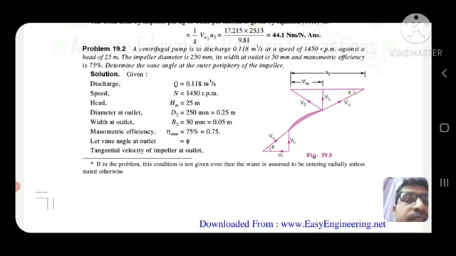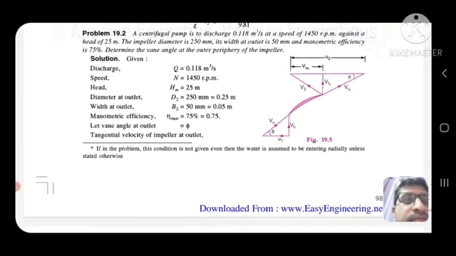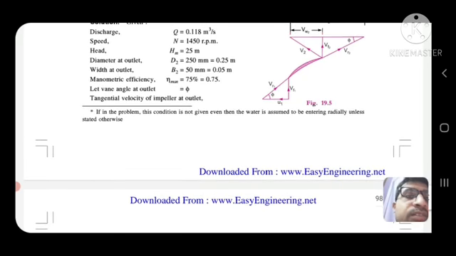Diameter at outlet D2 is equal to 250 millimeter, that is equal to 0.25 meter. B2 is equal to 50 millimeter, 0.05 meter. Manometric efficiency is equal to 75%, 0.75. Let the vane angle at outlet be phi.